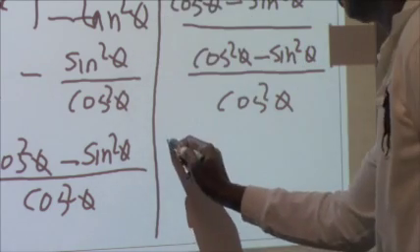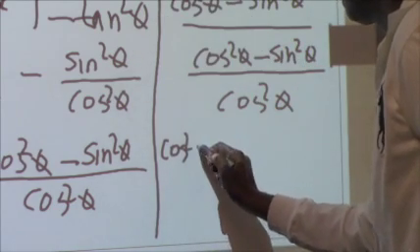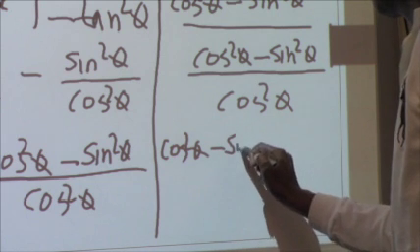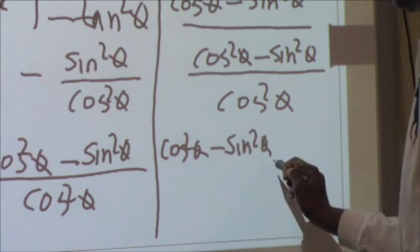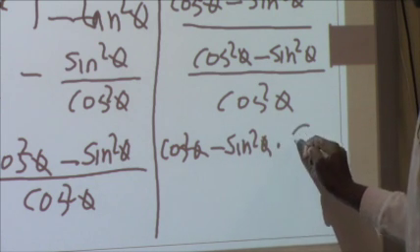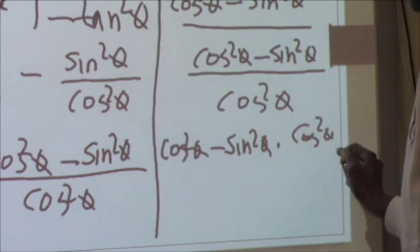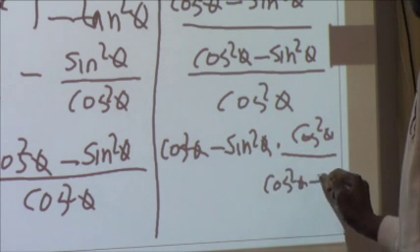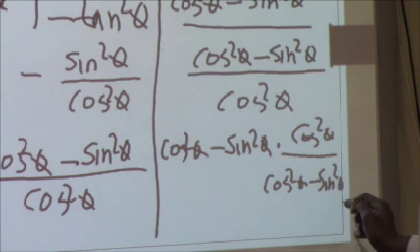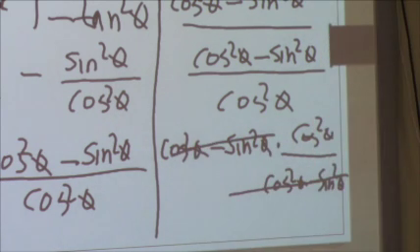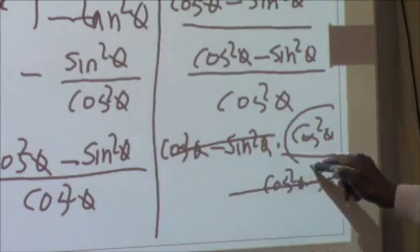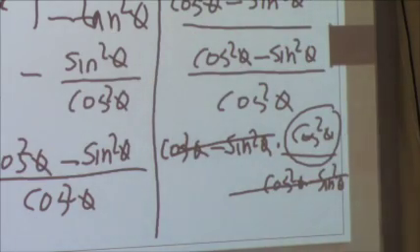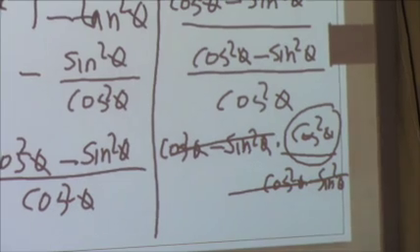I'm going to be doing cosine squared theta minus sine squared theta, times cosine squared theta over cosine squared theta minus sine squared theta. So this is going to cancel, and so basically I have just shown you that this entire expression is equivalent to cosine squared theta. Very basic and very simple.